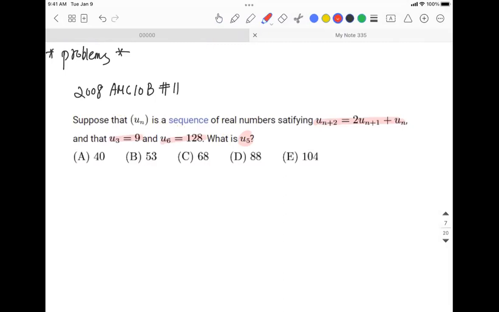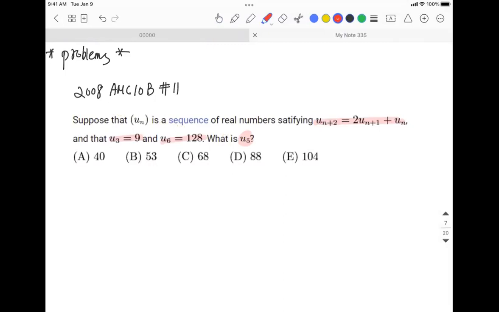With all those information, the question asks you to determine U5. How can I determine U5? Who can tell me? Please try to participate in our discussion. It is extremely important, right? Let's go for the discussion altogether. How can I figure out, how can I determine the value for U5?